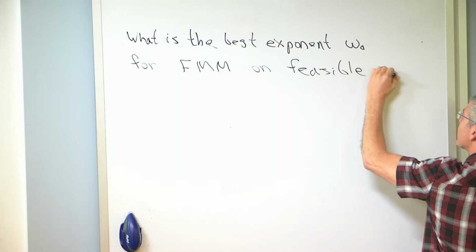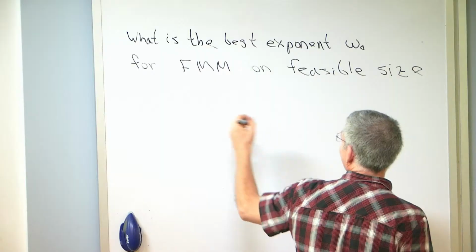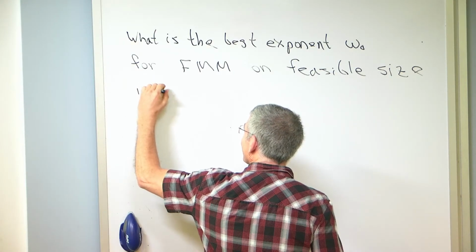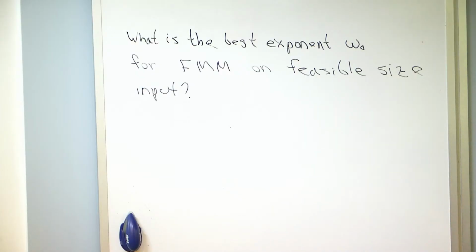What's feasible these days? What's feasible is not well defined, and it also changes. So what's feasible size these days? I think for AI purposes, Gen AI, these are in the thousands.